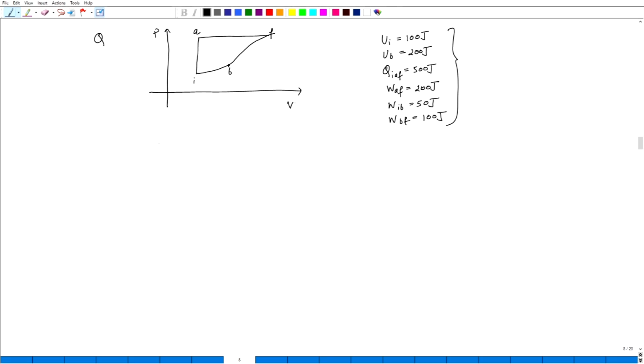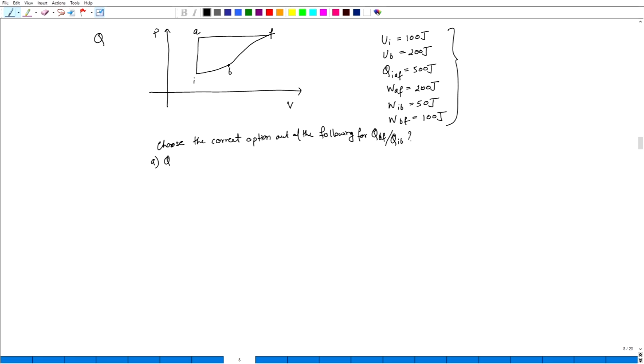I need to choose the correct option out of the following. So the correct option for what is being asked: QBF by QIB.